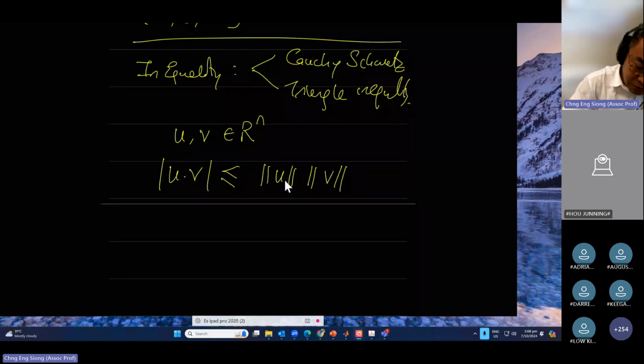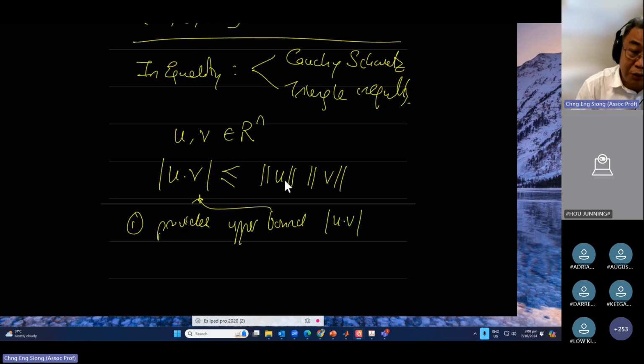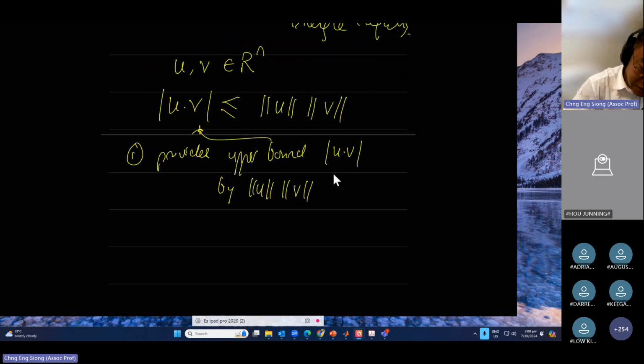So what is so special about it? It provides an upper bound. The absolute value of u dot v is upper bounded by the norm of u times the norm of v. So whenever you take a dot product and take the absolute value of it, it will never be larger than the norm of one multiplied by the norm of the other. So this is one useful thing.